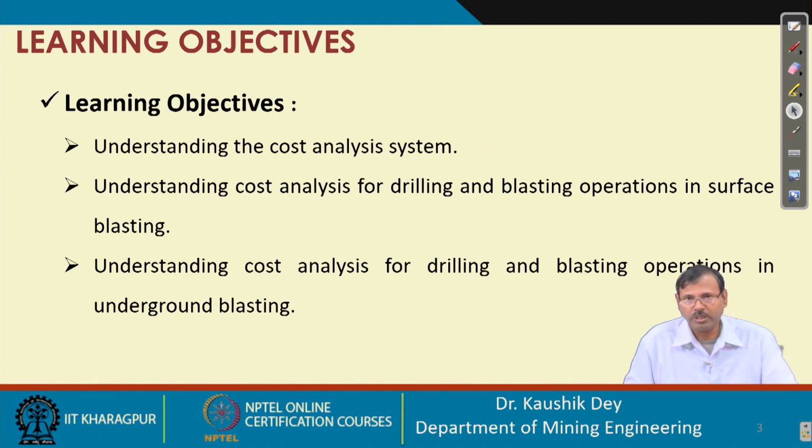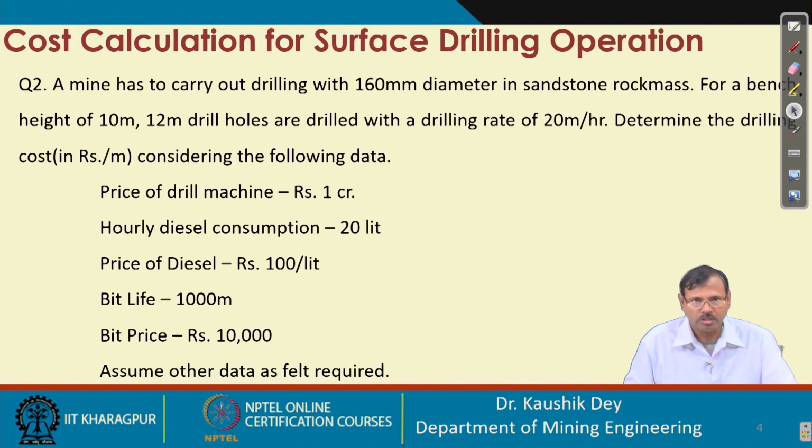The theory part we have already covered in the last two lectures, where we saw how the different cost heads like capital cost, maintenance cost, operating cost are calculated. So, in this lecture we will solve one problem related to surface drilling. Let us see the problem.